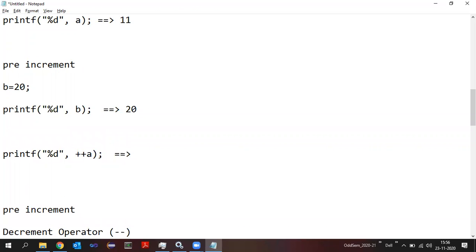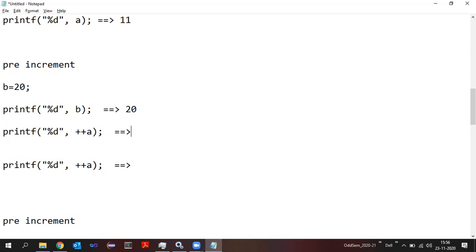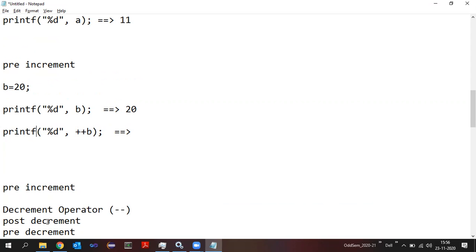Next line, what I will do is I will again try to print something like this. Okay, printf. Understand this one. I'll just remove this one. Okay, printf percentage d plus plus b. Now here is plus plus b. So I know plus plus means what? It is increment. But I also know that if plus plus is written before, then it has to be called what?